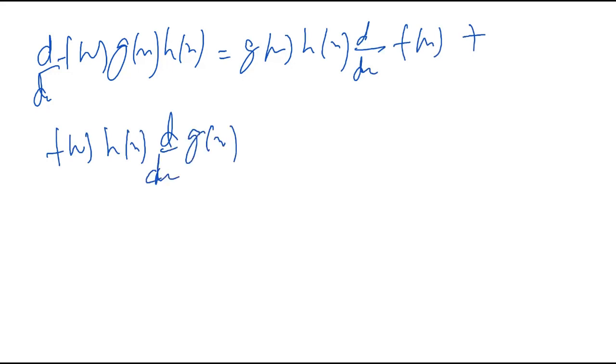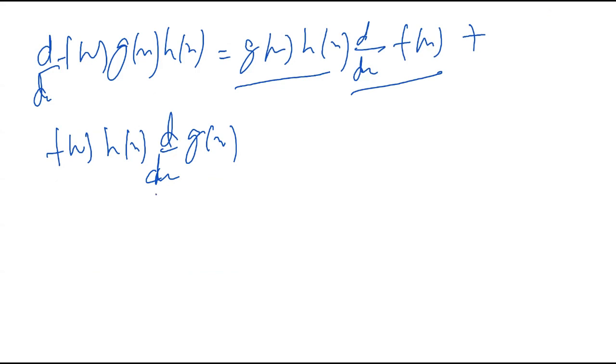You differentiate a particular function on the first attempt, then second, then third, and the other two functions remain with it in the form of multiplication. Here you are differentiating f(x), and g(x) h(x) remain as it is.